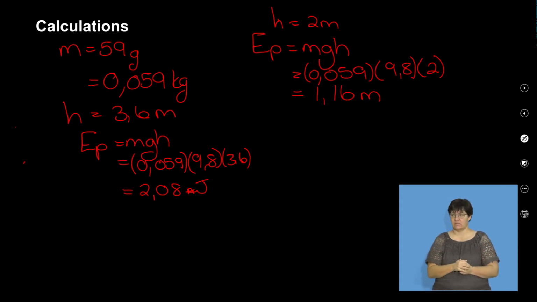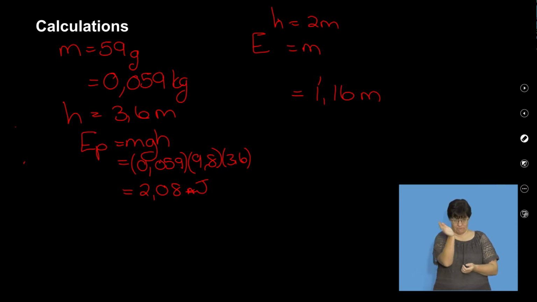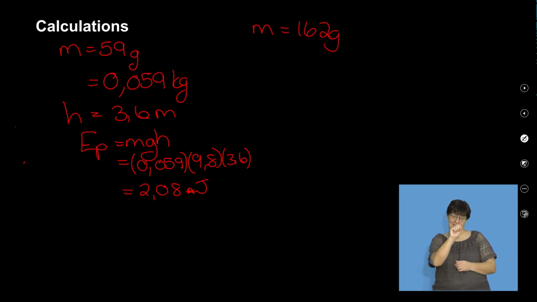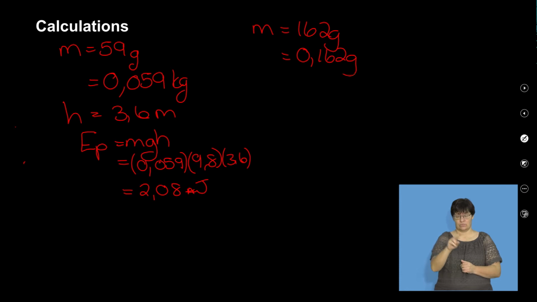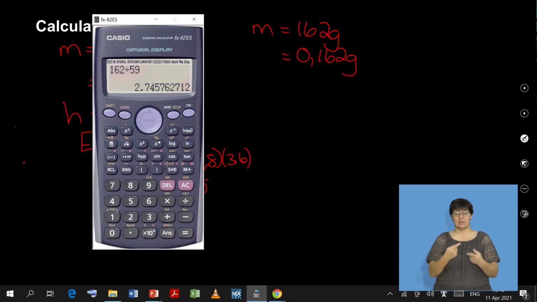And what I'm going to do here is let's get rid of this. I'm now going to do the calculation with the 162 grams. So my mass was 162 grams. So that's 0.162, okay? On the calculator, we realized that the difference was 2.75. I'm just going to put that in the corner for us to keep note of, okay?